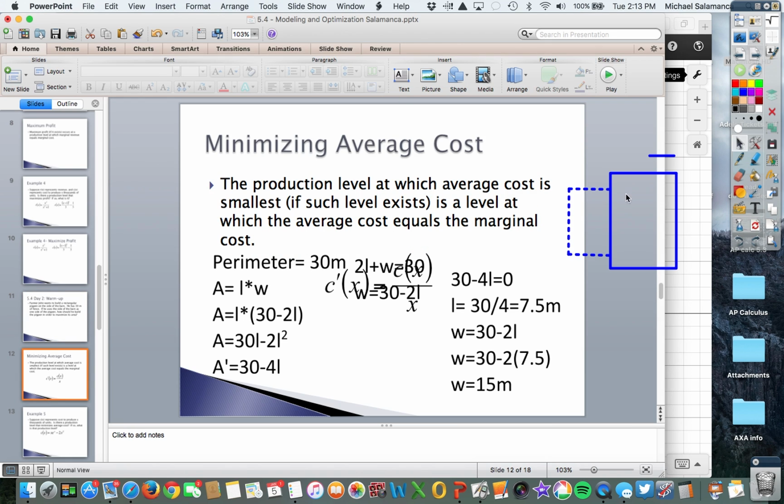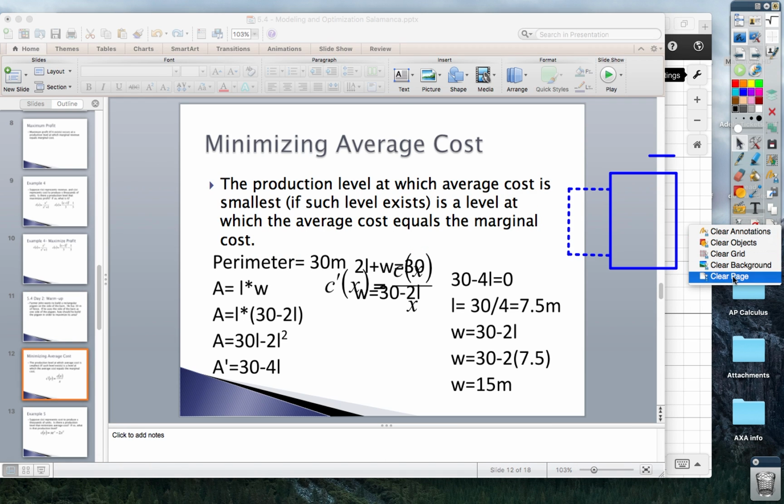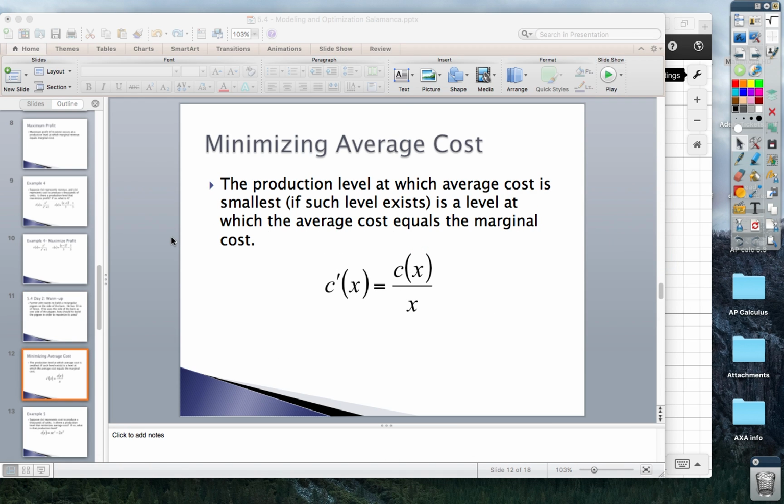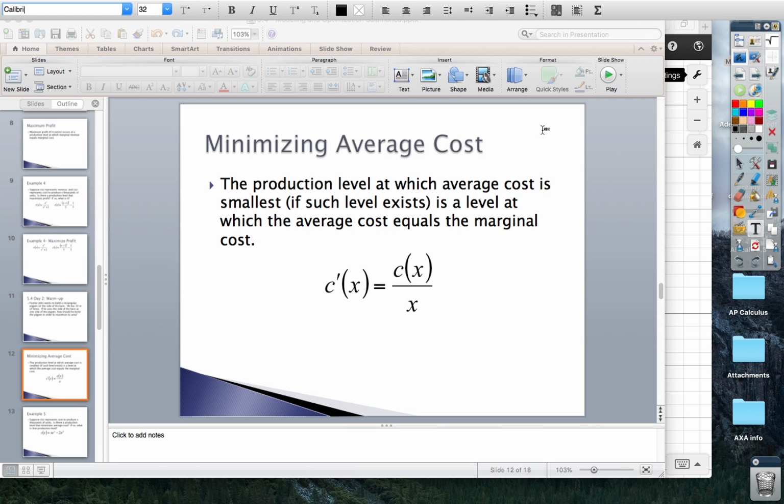So let's look at minimizing average cost now. If we're trying to minimize average cost, we know that the production level at which average cost is smallest, if it exists, is a level at which the average cost equals the marginal cost. So average cost must equal marginal cost.